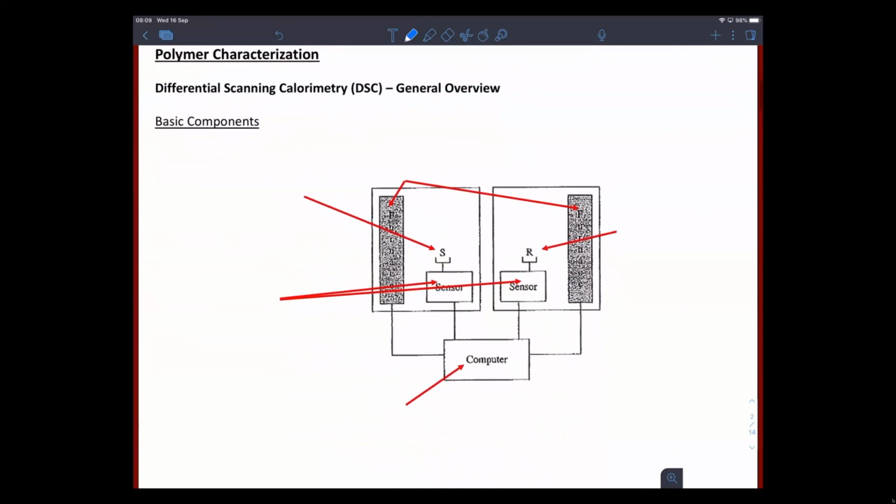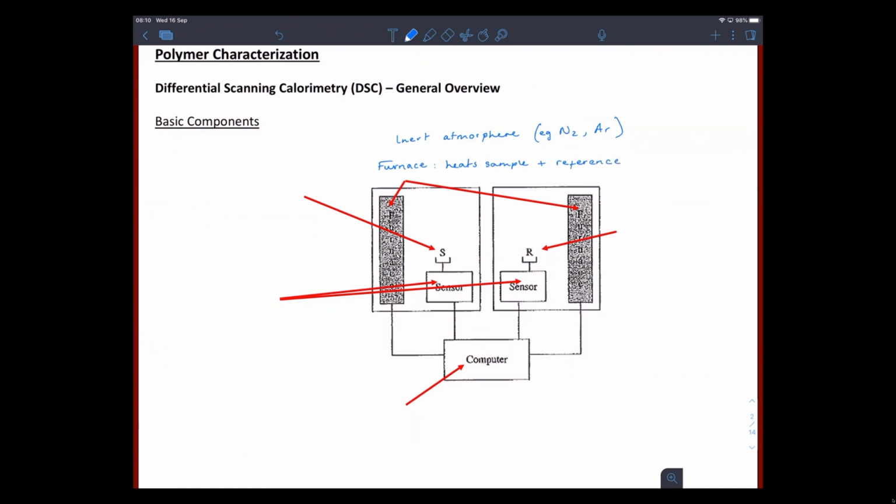So this is just to give you a general overview of the components which comprise a differential scanning calorimetry instrument. The measurements are done in an inert atmosphere, and that will be gases such as nitrogen or argon. Then you have a furnace, which heats the sample, and the reference.